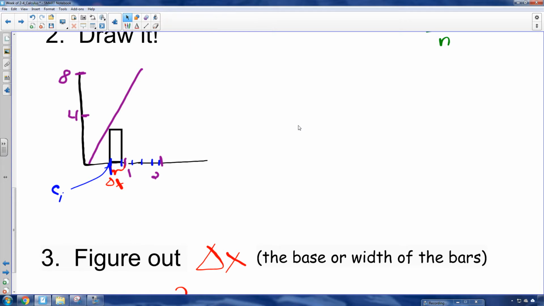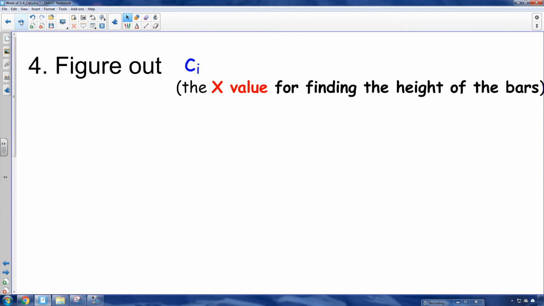So c sub I is always going to be, if you look at the region that we're dealing with, and you say, okay, I'm starting here, this is A, and I'm ending here, this is B, and I'm trying to get this area.